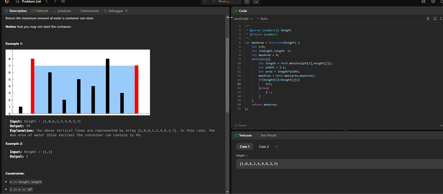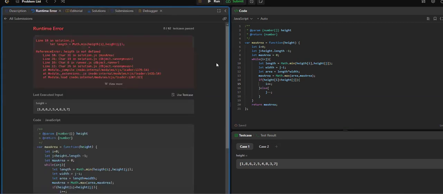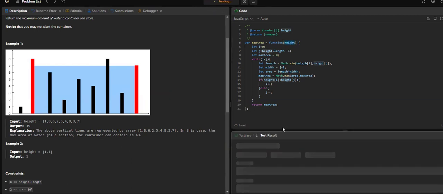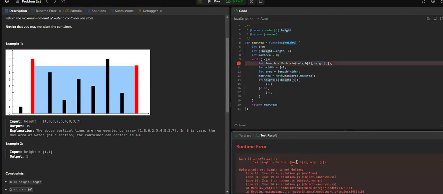Cool. Now let's go ahead and try to submit this. Line number 10, what is the issue? This value is not correct. Let's try to compile or run it. Line number 10 again.